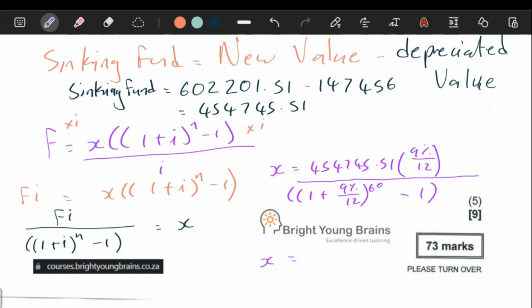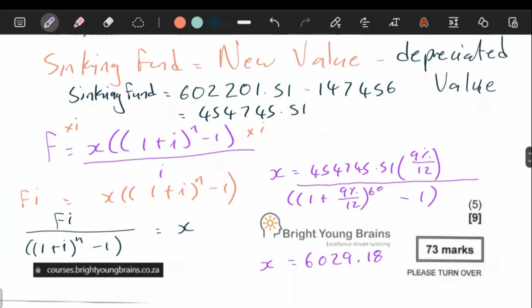And this is minus 1. So the answer here is 6,029.18 if you round to 2 decimal places. So that's okay. This is how much you should be paying.